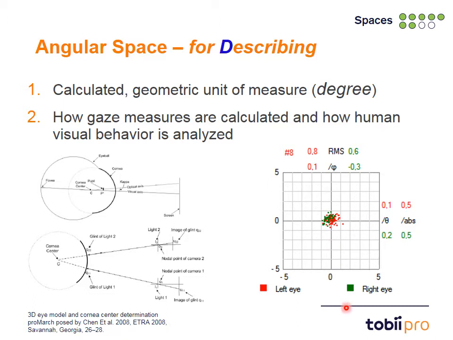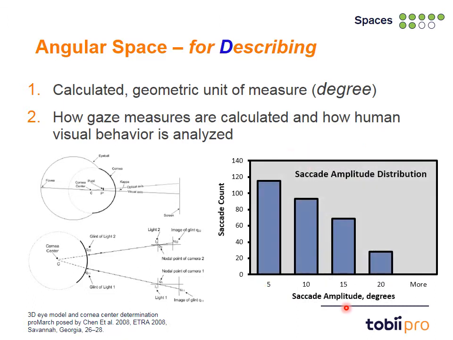And if you're a researcher in fields interested in saccade metrics, then you'll already be familiar with reporting results in terms of degrees. For example, saccade amplitude and saccade amplitude distribution are reported in degrees of visual angle.